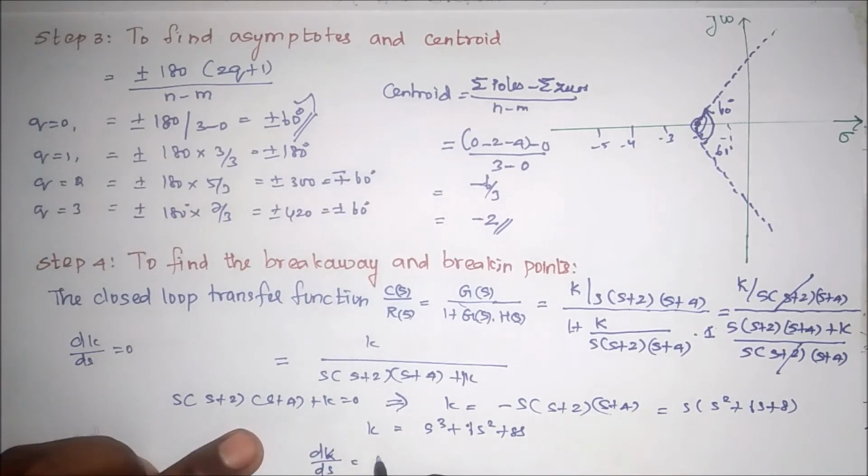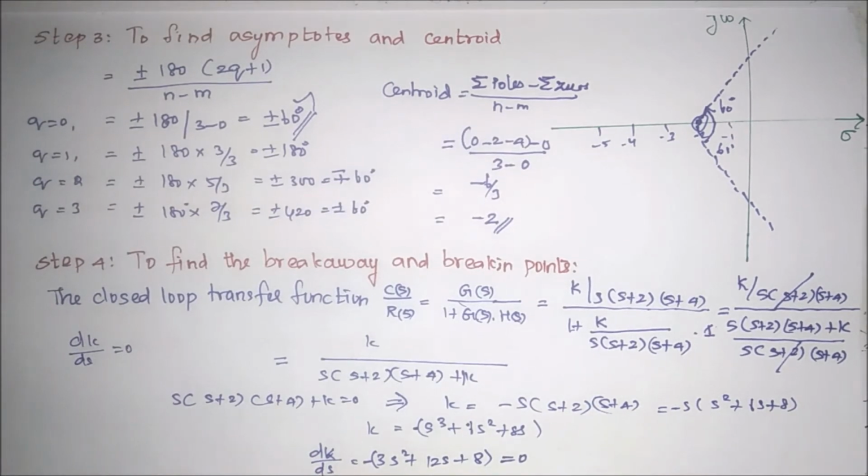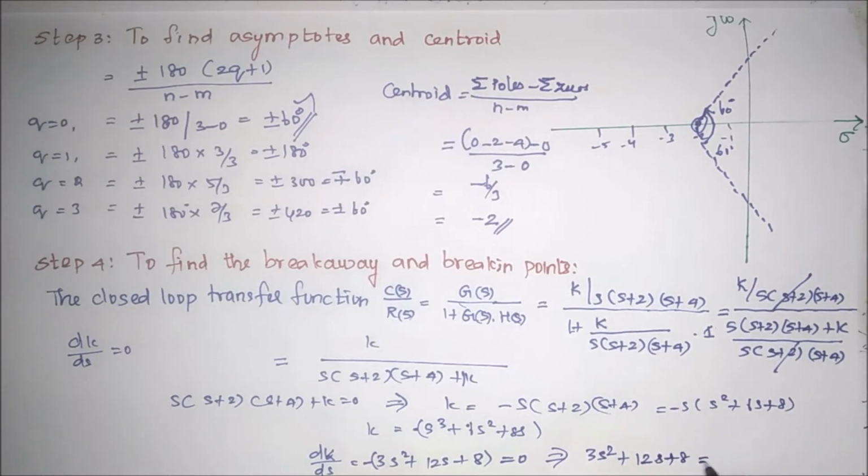This will be 3s square, and here there is a minus, therefore here also minus will come. So minus of 3s square plus 12s plus 8 equals 0. Therefore, 3s square plus 12s plus 8 equals 0.